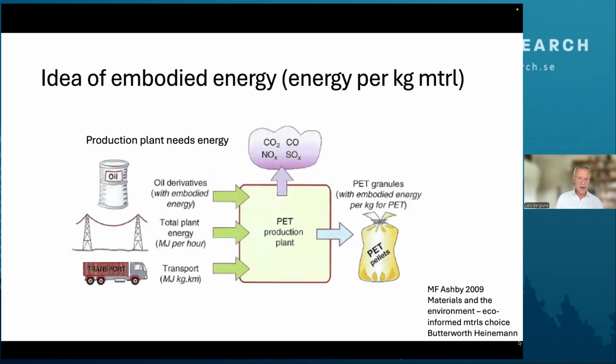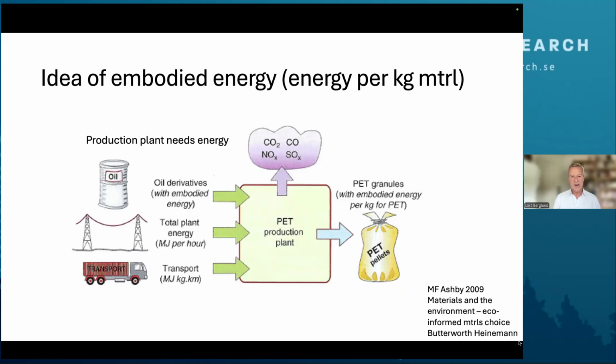Now, energy use is very important, and I'm very inspired by Mike Ashby's ideas. Essentially, he's arguing that as engineers, we need to adopt simple measures. We need things that are easy to understand and analyze. When it comes to material selection, this is very helpful because of the term he utilizes, embodied energy, which is essentially the energy you need to prepare your material.